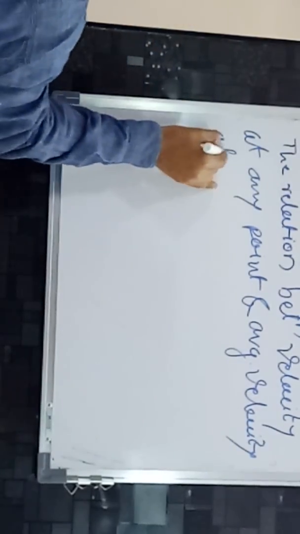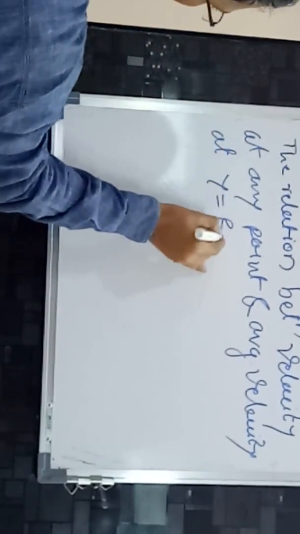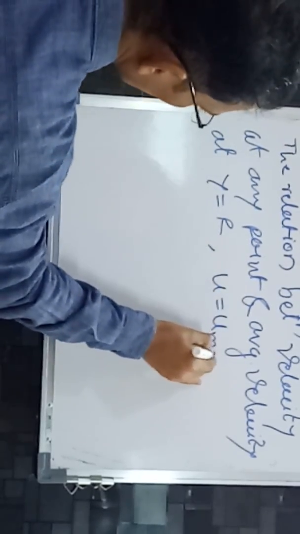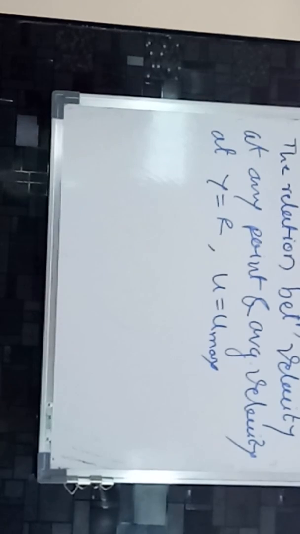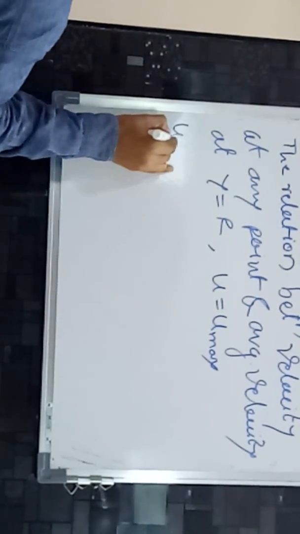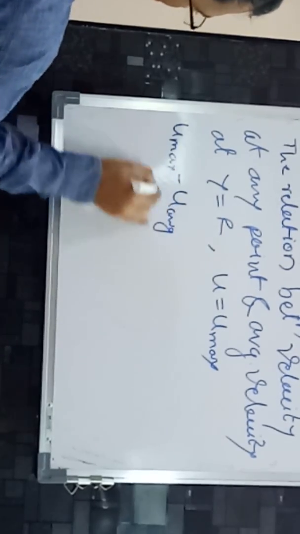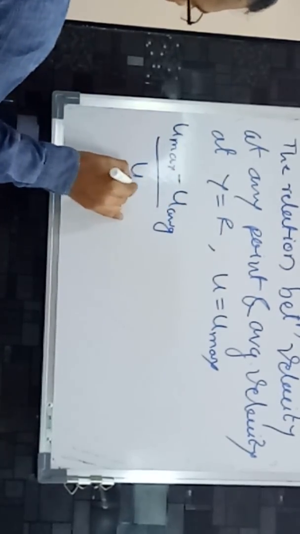At y equal to r, u equal to U. So here one standard formula is there with U max, U average, U star.